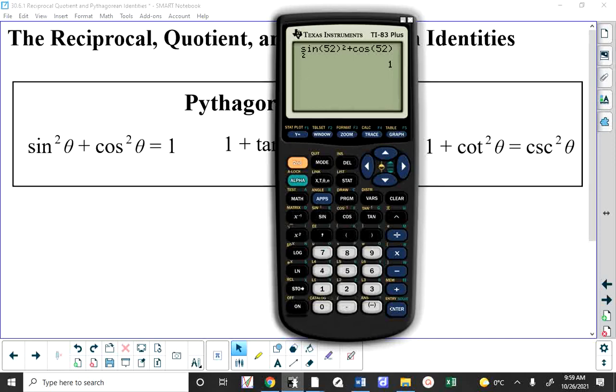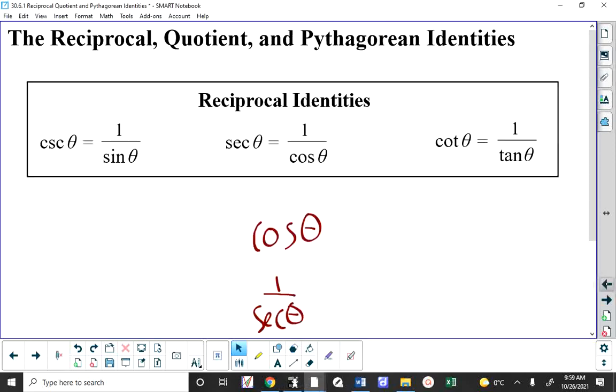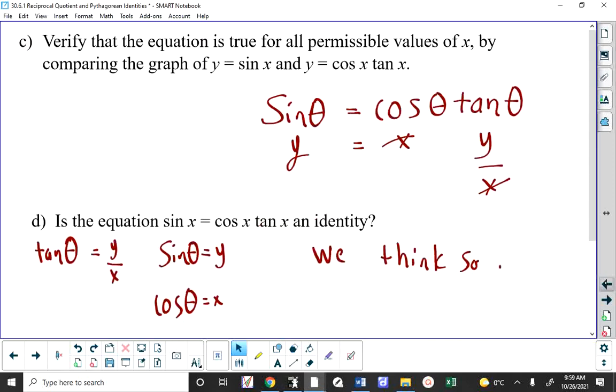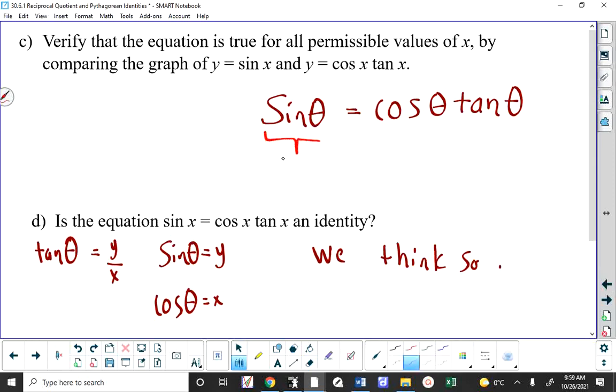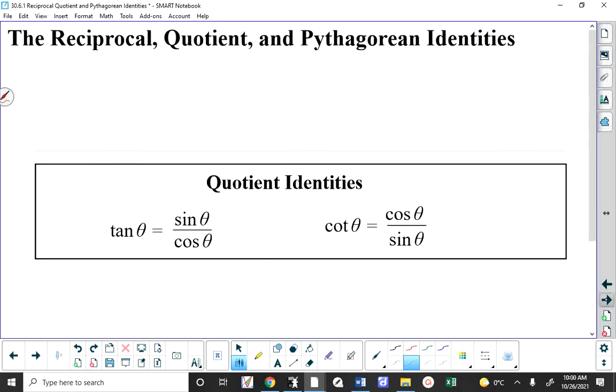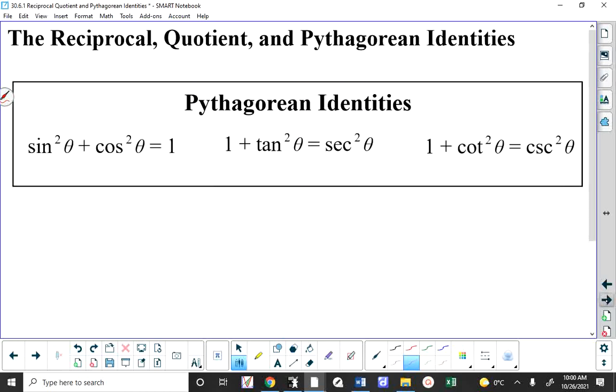I hope you remember that I made the point earlier that you could always take this thing and change it to this thing because they're equal, right? And I said, you probably wonder, well, why would you want to do that? Well, this Pythagorean identity is a perfect example. You're doing some work, and maybe in the work you're at this stage.